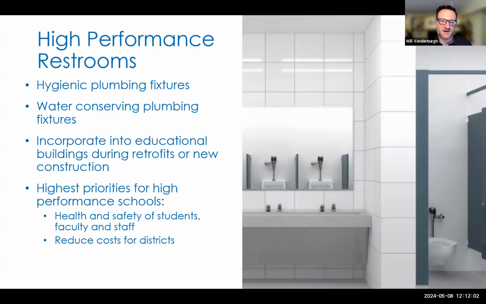There's really no reason now to be designing facilities with extremely high flow rates on the plumbing fixtures, because we're able to achieve comparable performance with significantly less, and sometimes 75, 80% less water than we have historically in the past. So we should have water conserving plumbing fixtures.